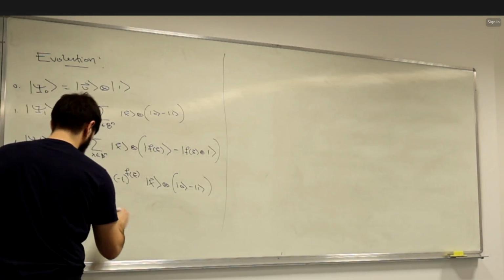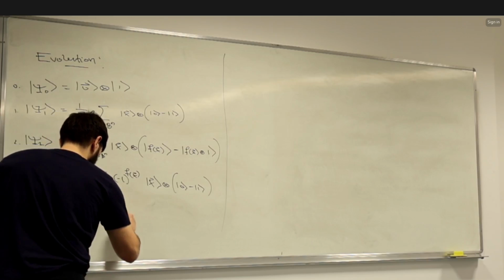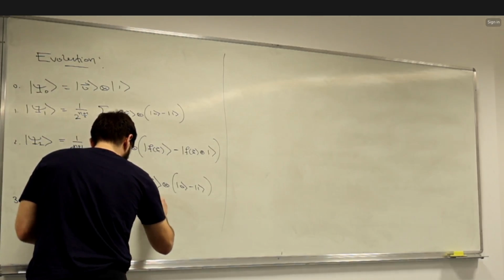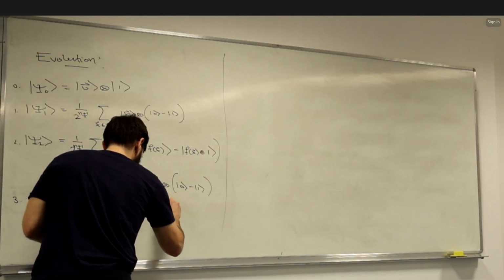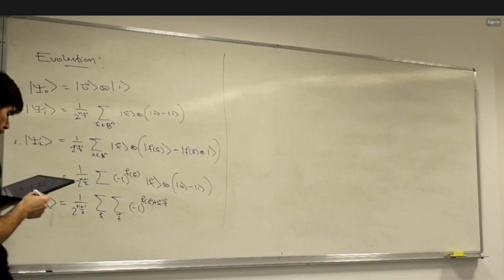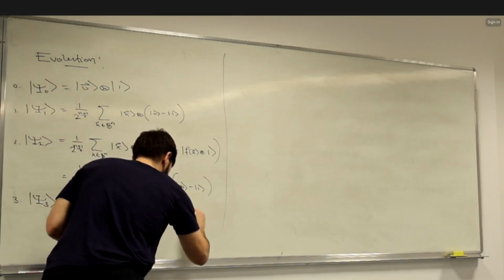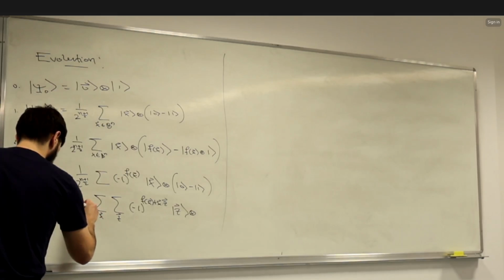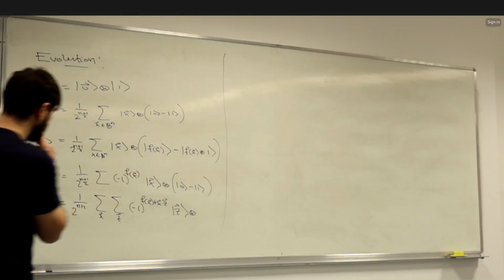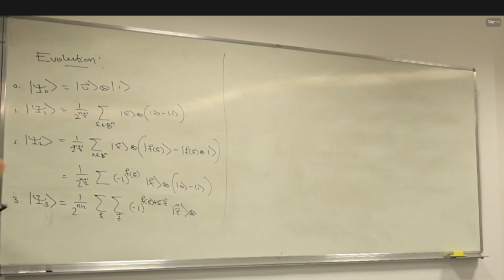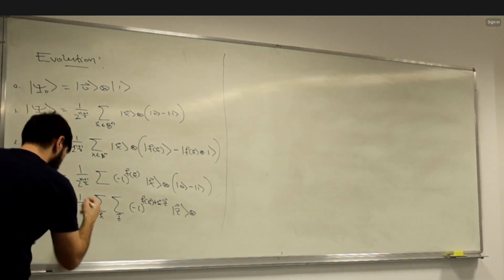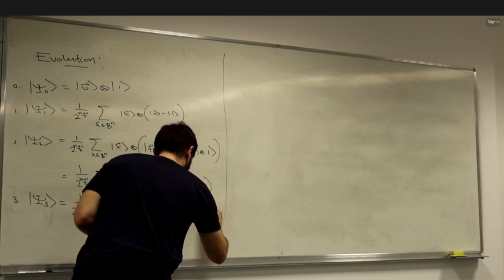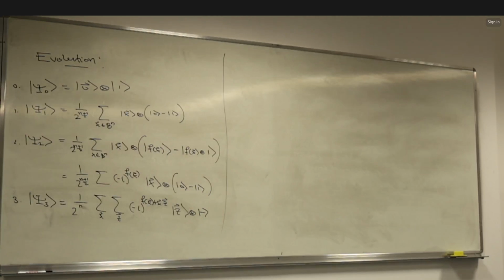Sum over x, sum over z, negative 1 to the f of x plus x dot z. This is just the normal Euclidean inner product. Z tensor, let's get rid of this 1 here, and over 2. There's another factor of square root of 2 coming now. I will explain that in a moment. This is 1 over 2 to the n. And this one will just be minus instead of writing that whole thing.